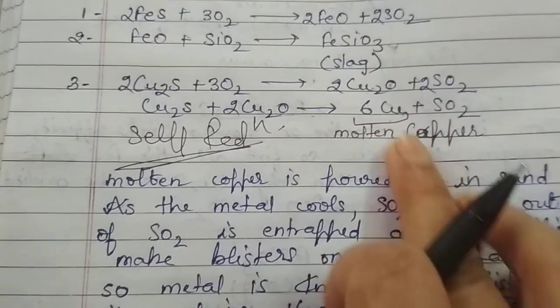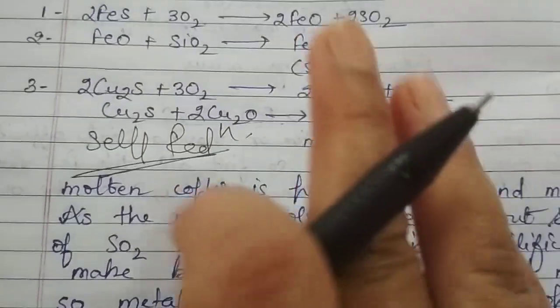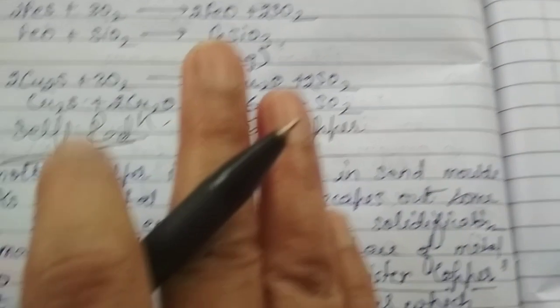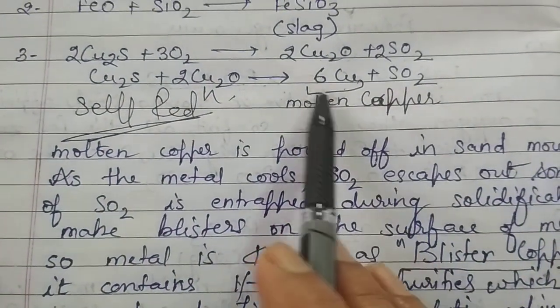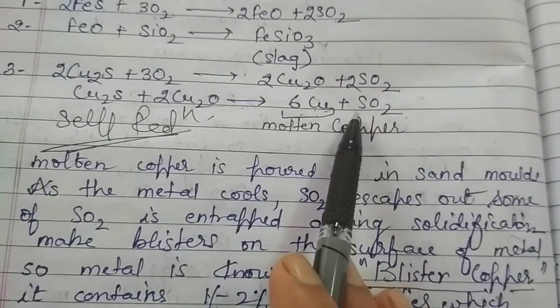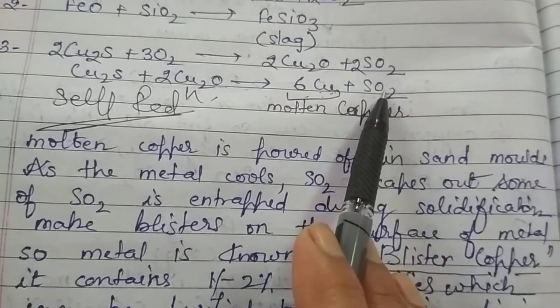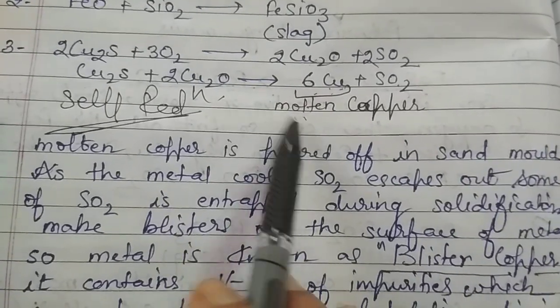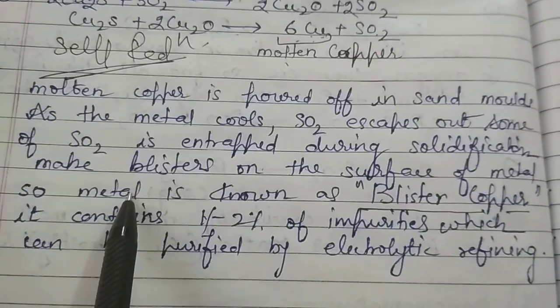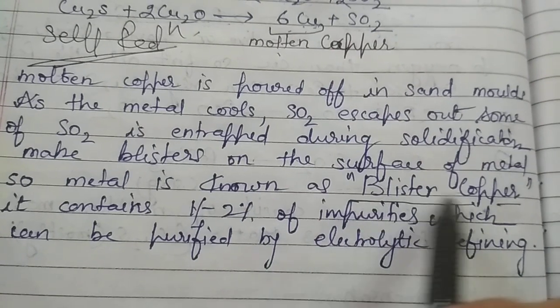So now we are having the molten copper. Now this molten copper is poured in the sand molds, and when the metal cools, the SO2 escapes out, and some of the SO2 is entrapped during the solidification process and makes blisters on the surface of the metal. So this is known as blister copper.